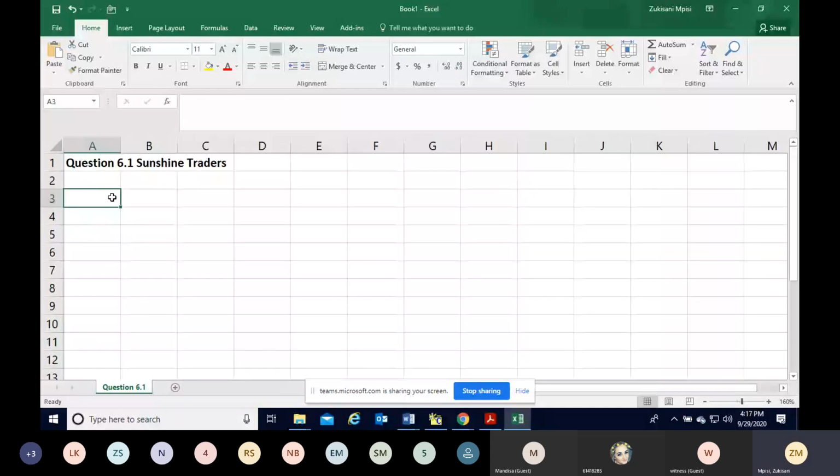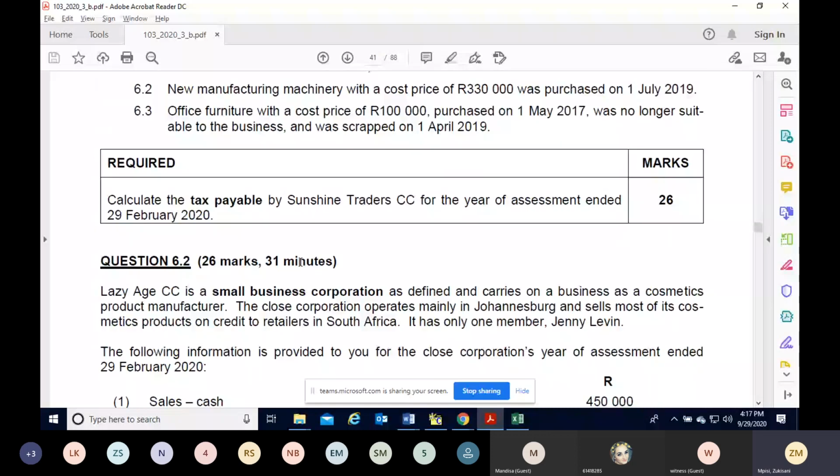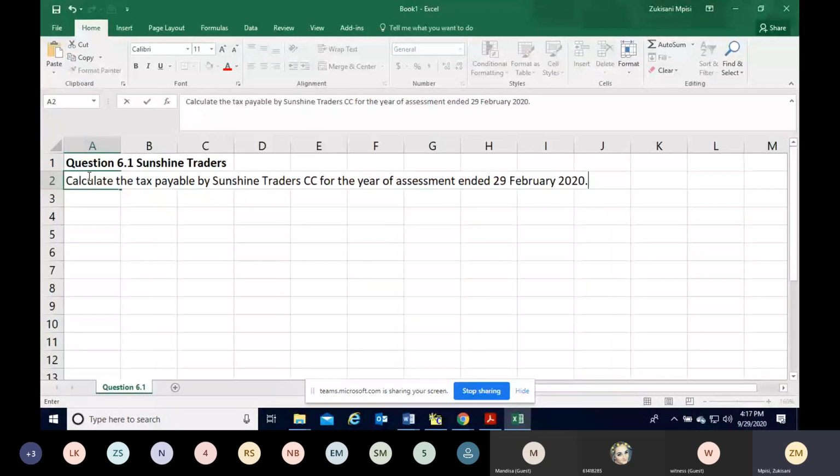So we are provided this information. We must now calculate the tax payable by Sunshine Traders for the year of assessment ended 29 February 2020. Right, so this is what we are required to do. Calculate tax payable.